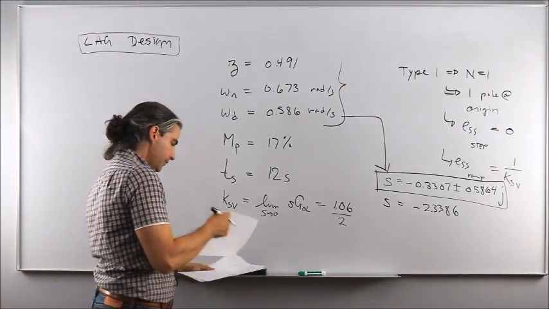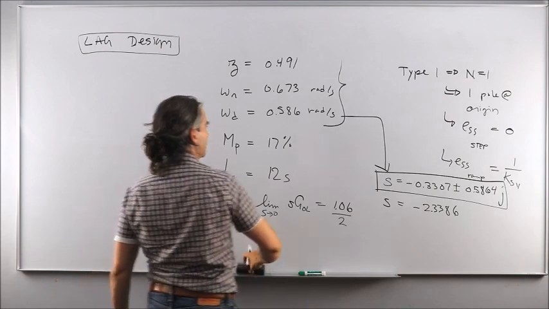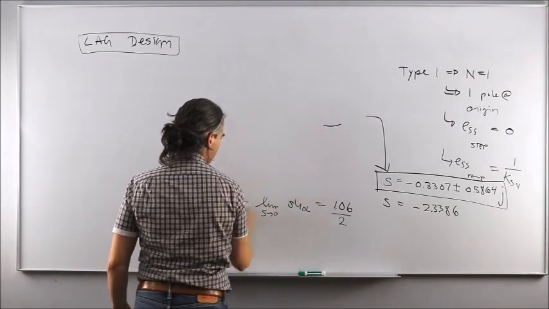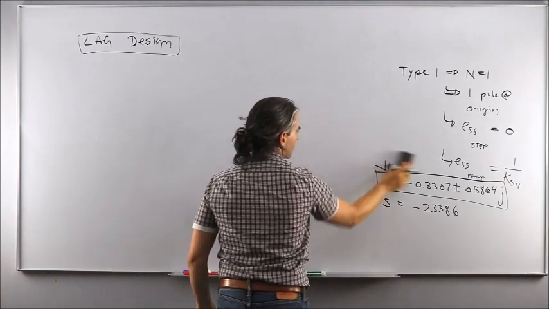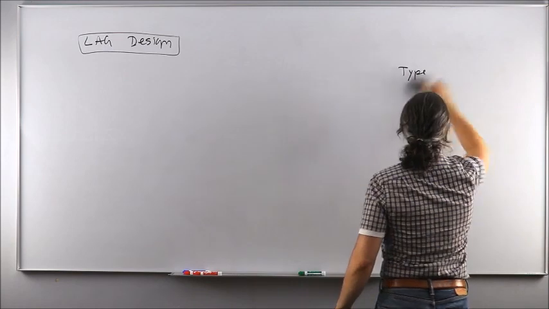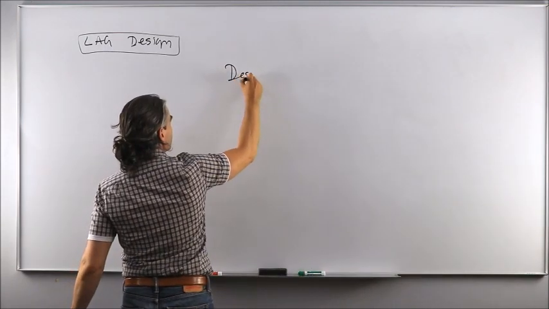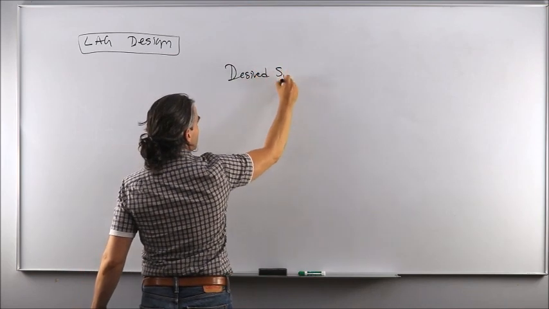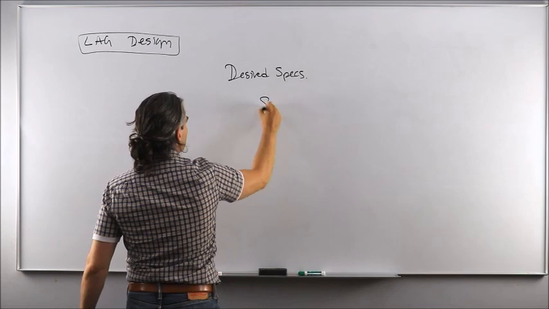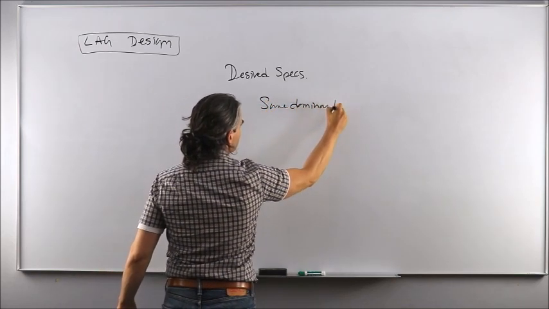Is that good enough? Let's have a look at the desired specifications coming from the client. The desired specs will have the same dominant poles.